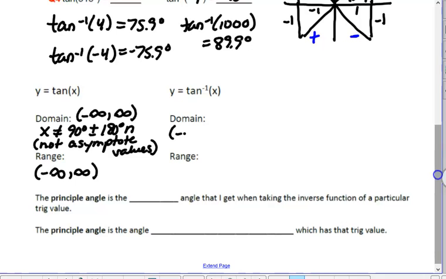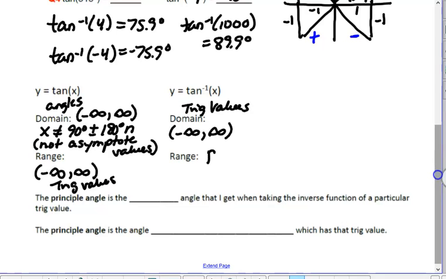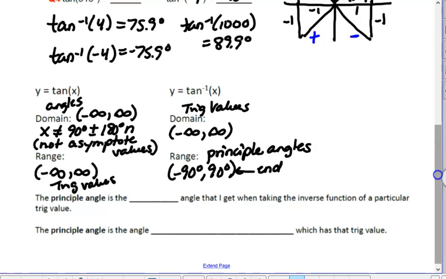So the domain of the inverse function, the trig values, can be any real number. These are the trig values. These are the angles. Now the range, of course, would comprise only the principal angles for this trig function, and the principal angles are from negative 90 to 90 using a soft bracket, endpoints not included, because tangent of 90 and tangent of negative 90 are undefined.